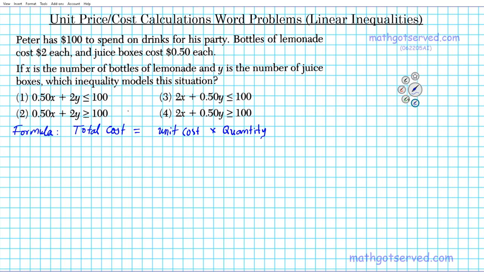There are two items that we need to calculate the total cost for. We need to calculate the total cost for lemonade, and we need to calculate the total cost for juice boxes. So we're going to be applying this formula twice.